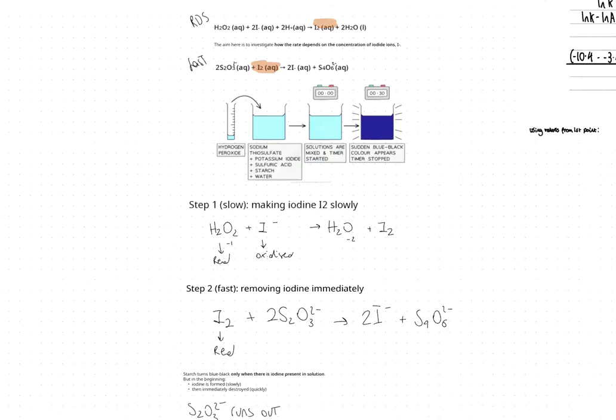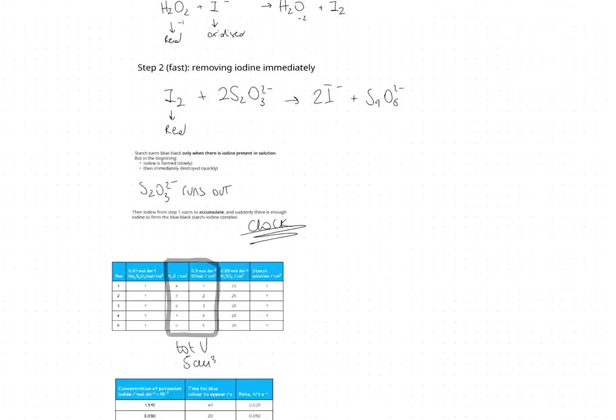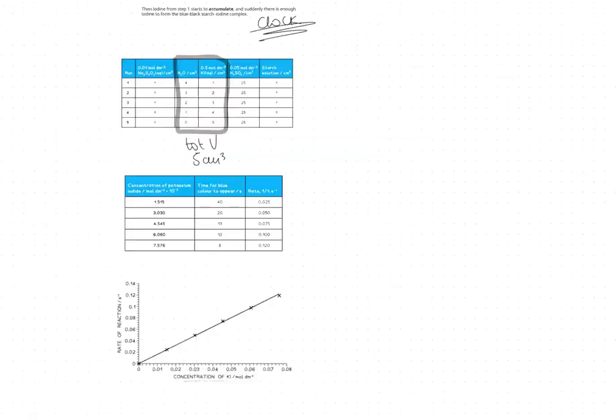Okay, so I think it's a good practical to revisit to study orders, because it's a little bit simpler compared to the continuous rate monitoring, which requires measuring the concentrations at different times. Because this one we do the opposite: we measure the time and then we calculate the rate at the end.